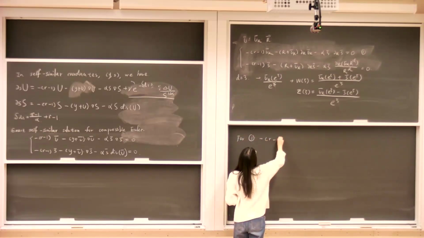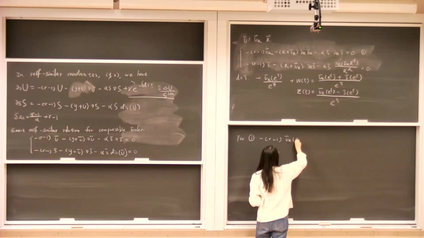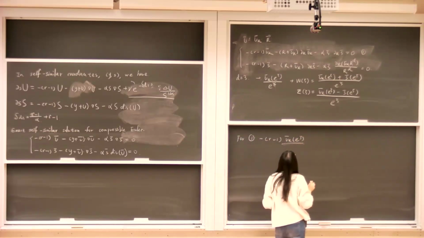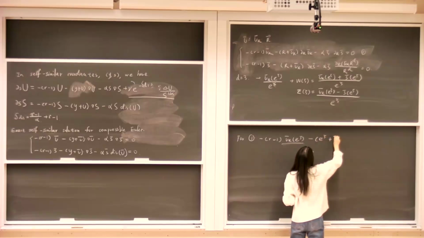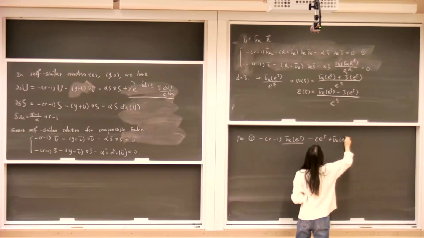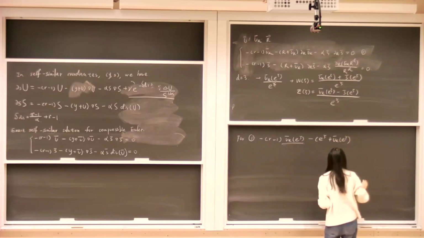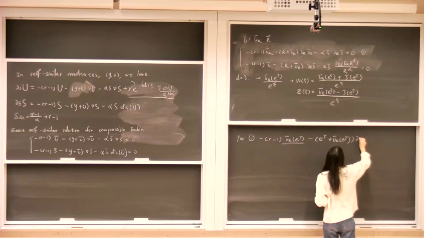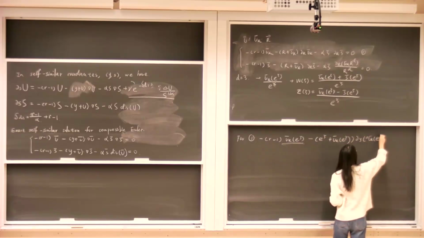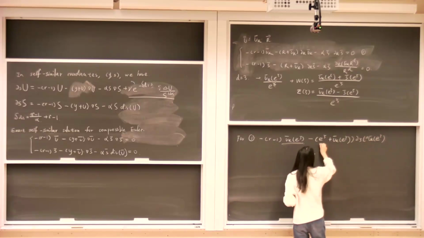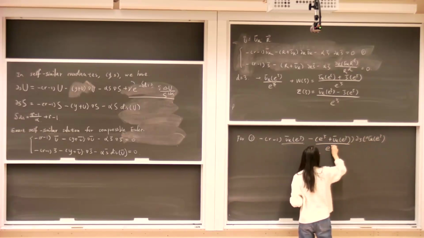So just change coordinates, U_R, e to the zeta, and let's first not divide. And then this will give you e to the zeta.